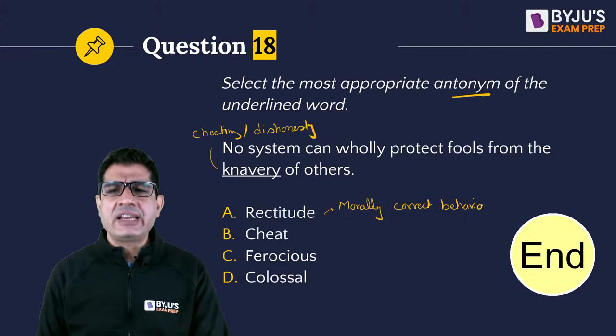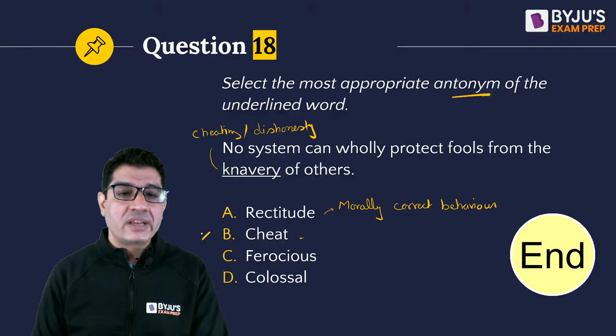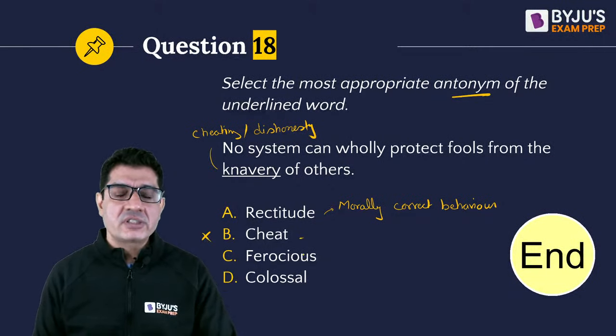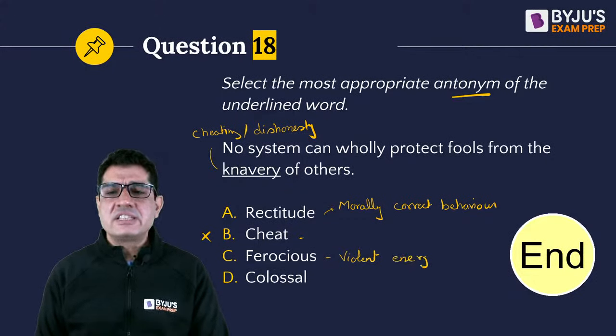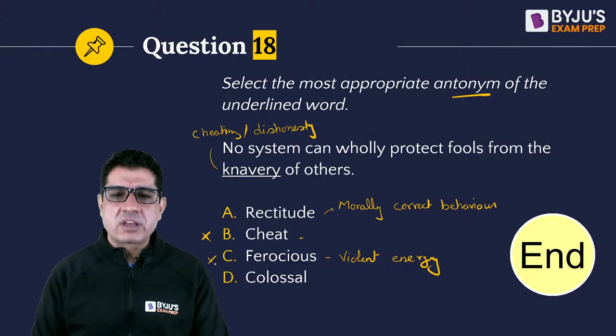So definitely an antonym of knavery. Cheat is a synonym. Let's rule it out. Ferocious is somebody or something that is marked by violent energy. So it is neither a synonym nor an antonym. You can rule it out.